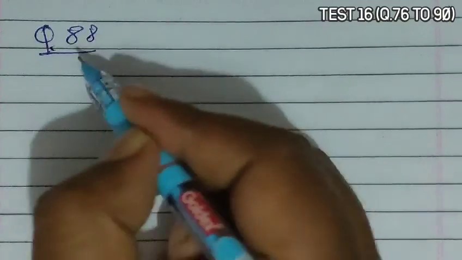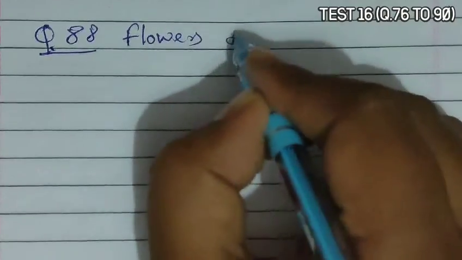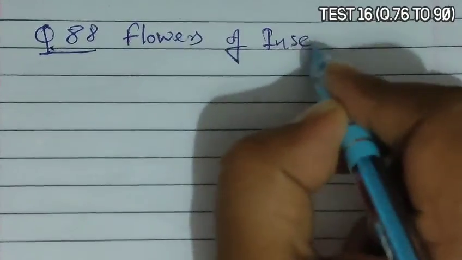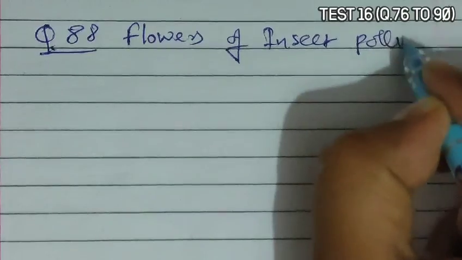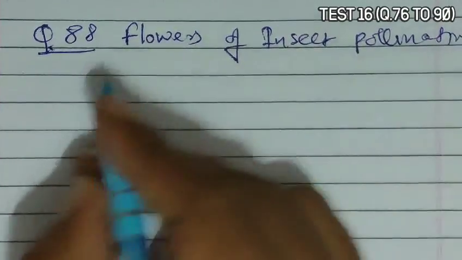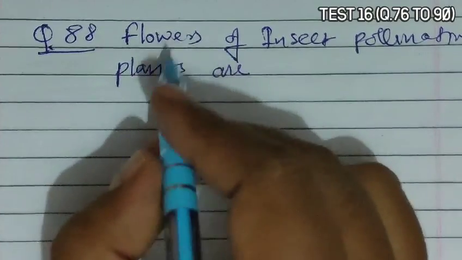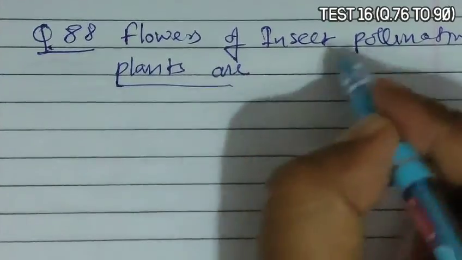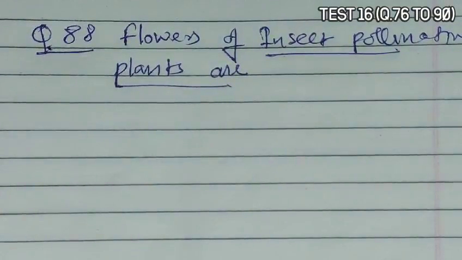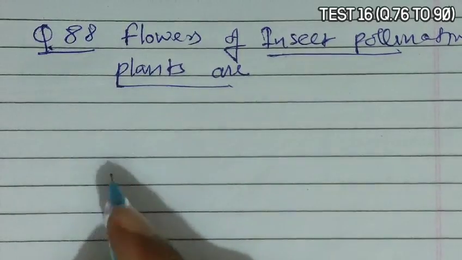Question 88 asks what flowers of insect pollinating plants are. If we talk of insect pollination, insects can sense the odor and can identify colorful flowers.